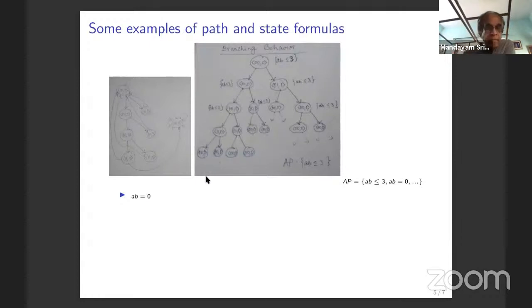Okay. So this atomic formula that says AB is equal to 0, is this a state formula or a path formula, as per the rules that I described in the previous slide?